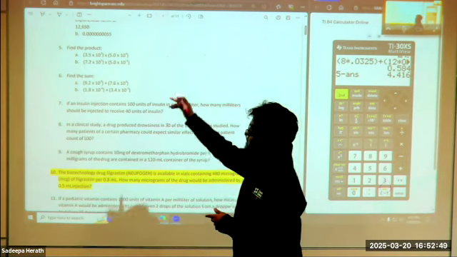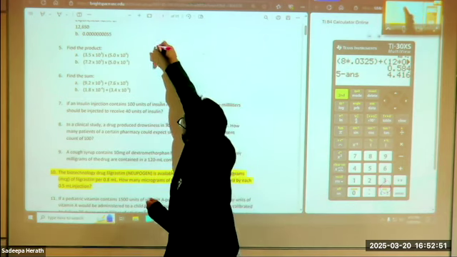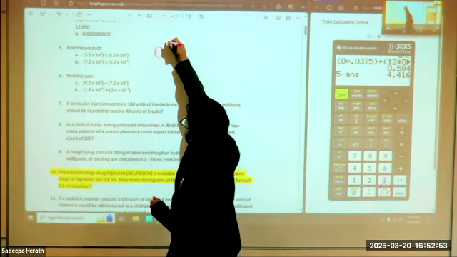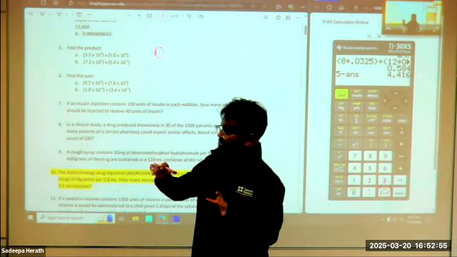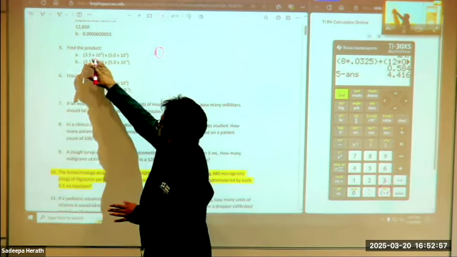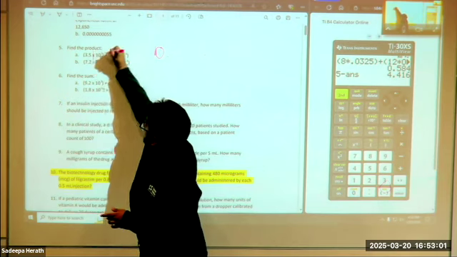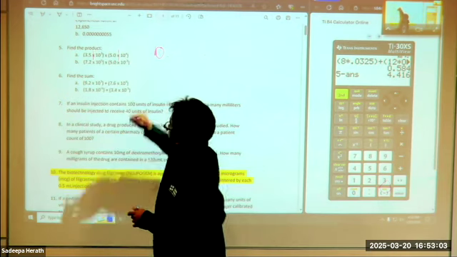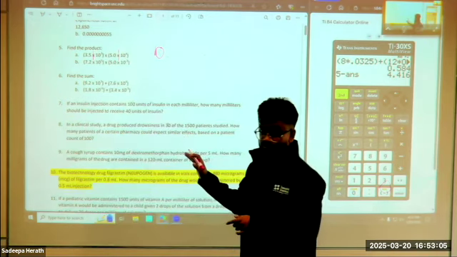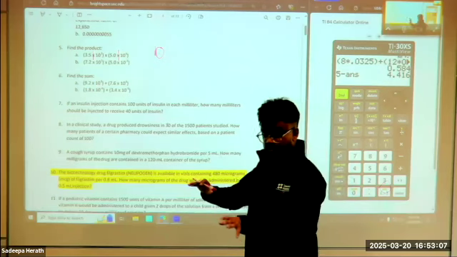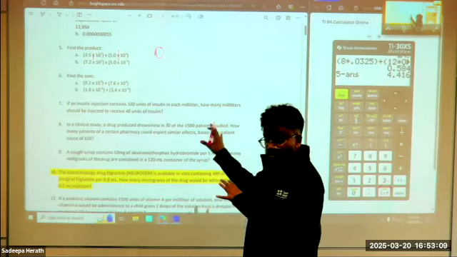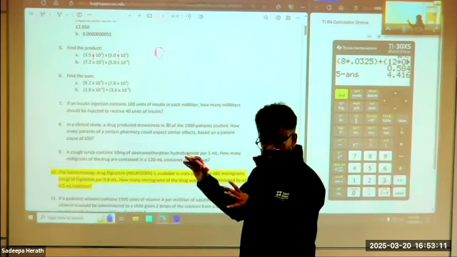But with base 10s, there's also a rule where if you're multiplying, so let's just start with this. This is all multiplying something into something. You could separate the 3.5 and the 5 from the tens as well. So we'll take those out and then we'll put the tens together because it's all multiplication, right?